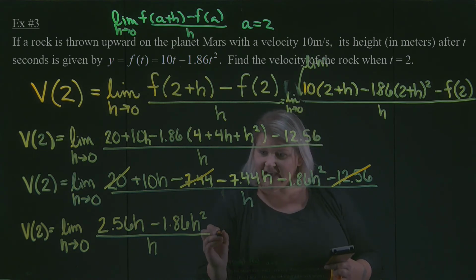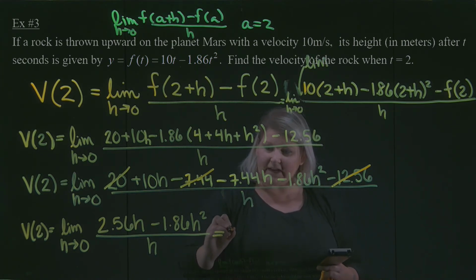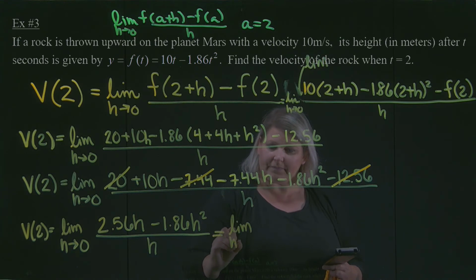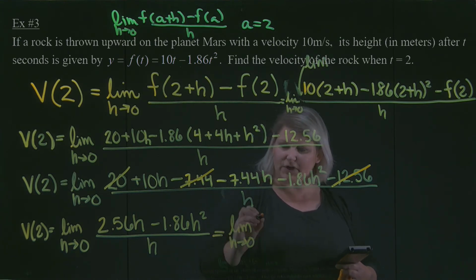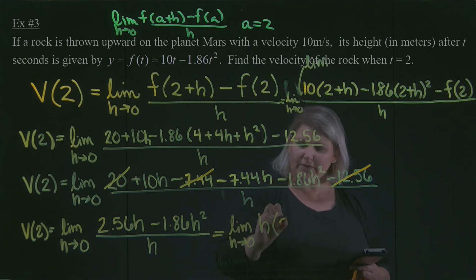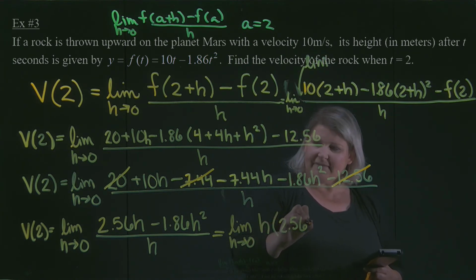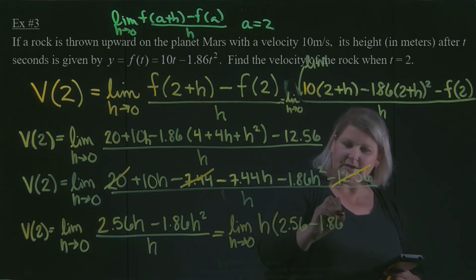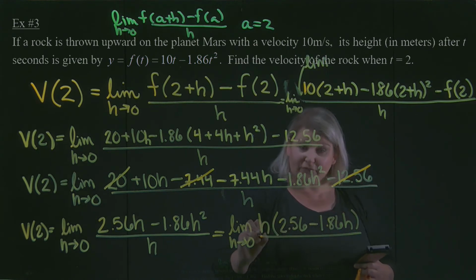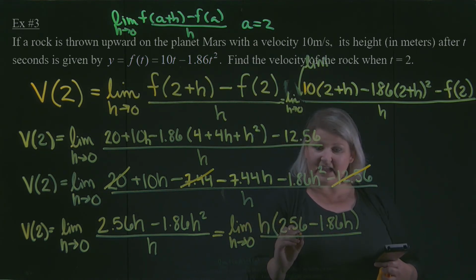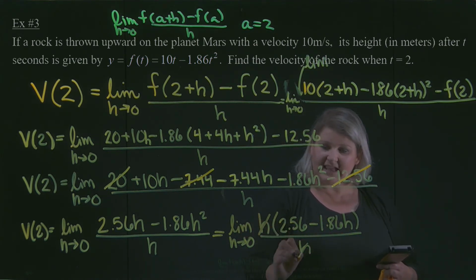So now I'm going to factor an h out of everybody. Keep in mind what I'm doing. I'm going to show it as a separate step for a second. If I factor the h out of every term in the top, I end up with this, and then those h's cancel.